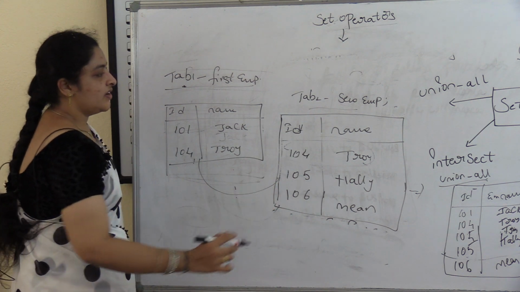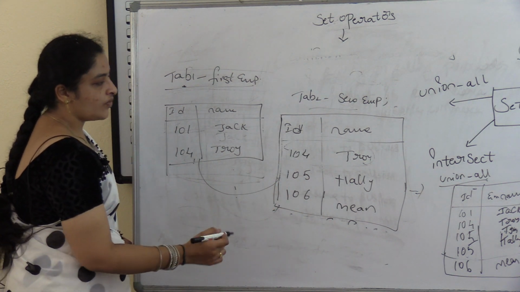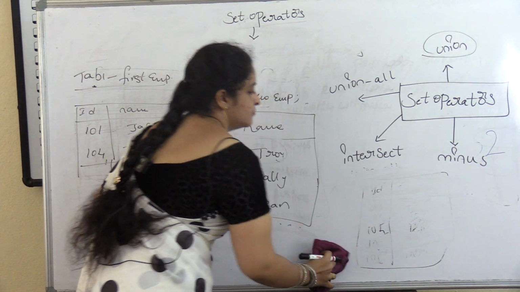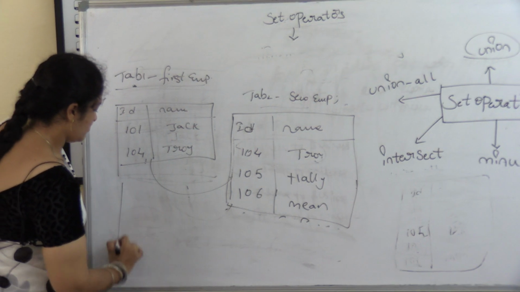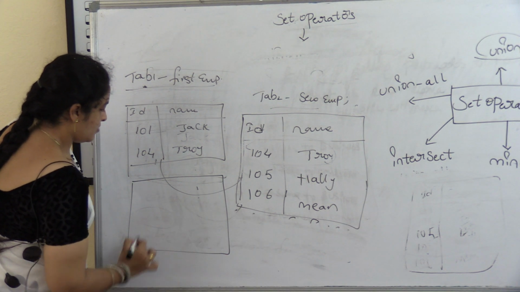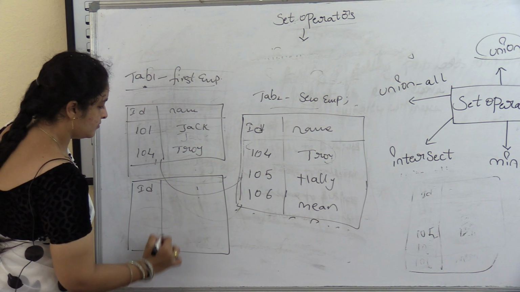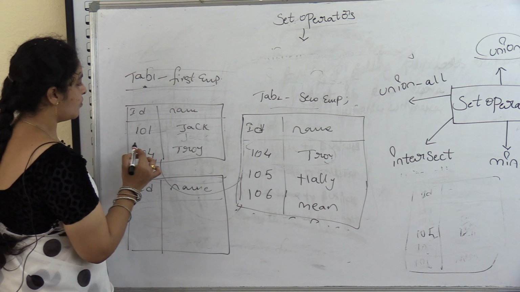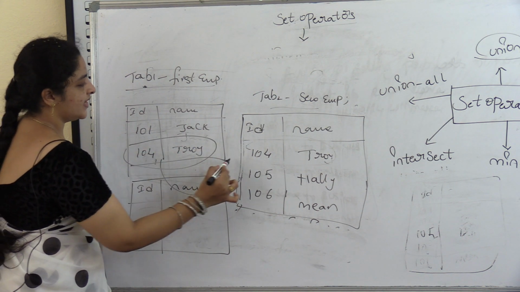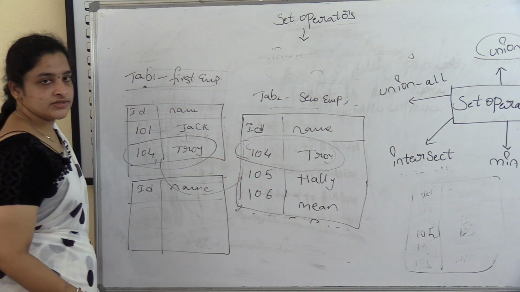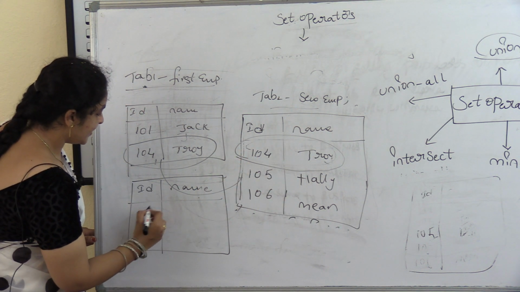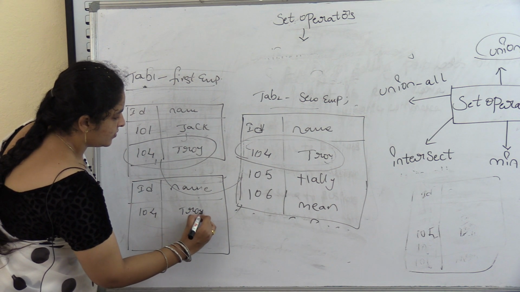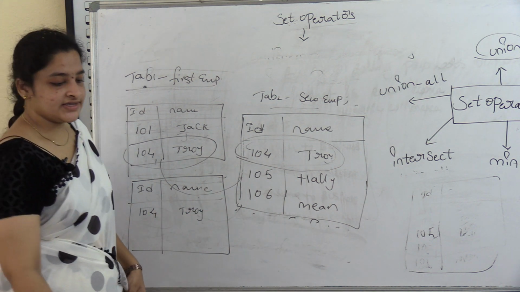In intersect, we have to take only common values. Second table: ID, name. Only 104 is there in both tables. This is the result of intersect: 104 Troy. This is the answer of intersect.